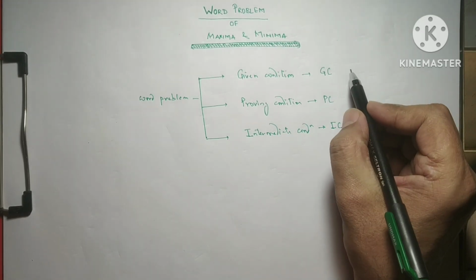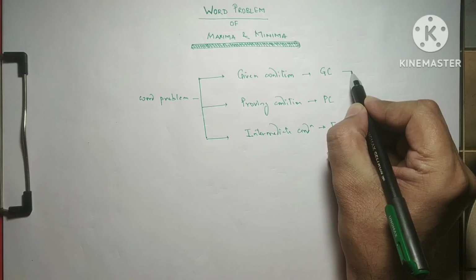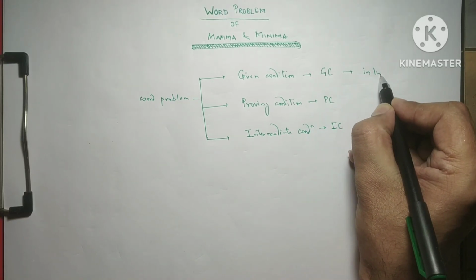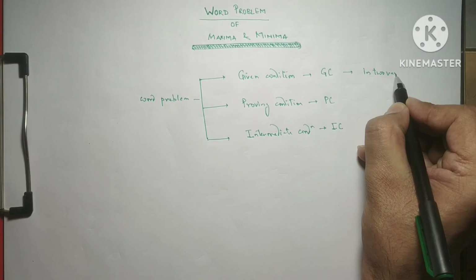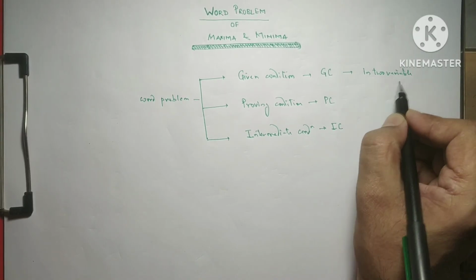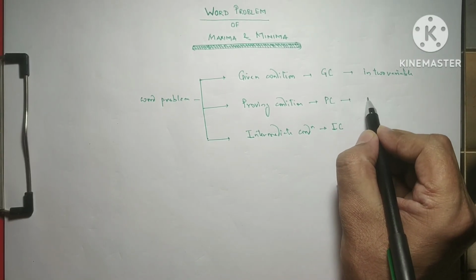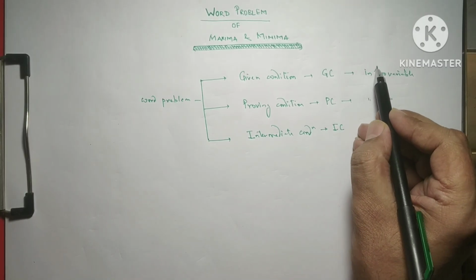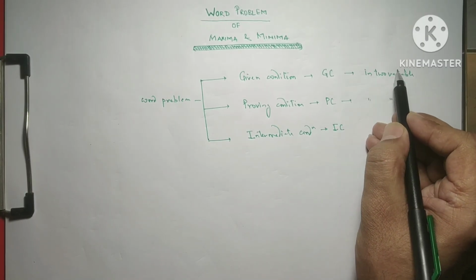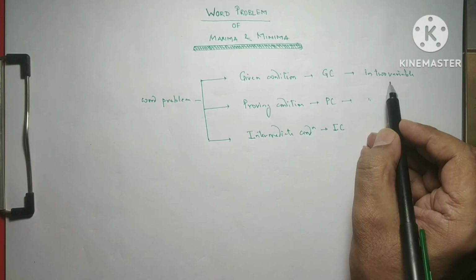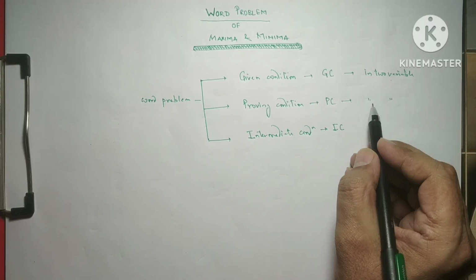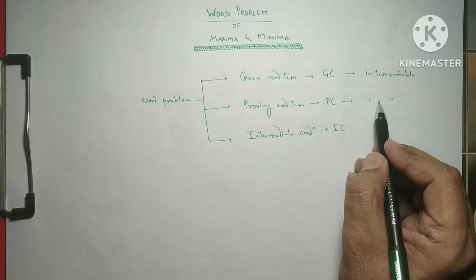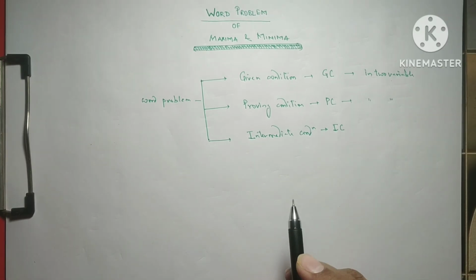So generally these conditions are in two variables. And similarly it is also in two variables. So we will convert this condition in one variable and substitute that variable in this condition, and again proving condition should be also in one variable.